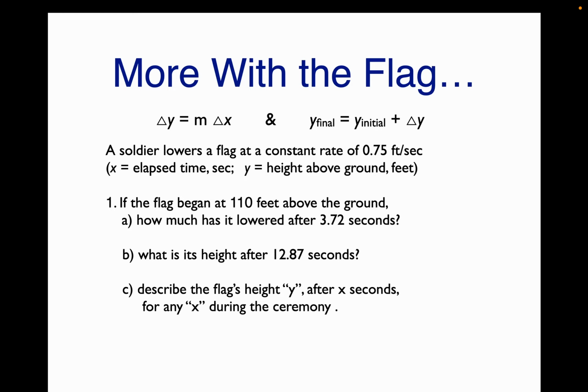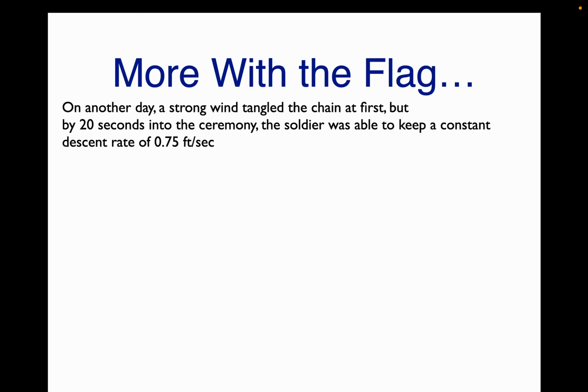So just one last example with this, with another kink thrown into the system. More flag stuff, just because easy enough to change up. So we're trying to do this ceremony, but it's windy and the chain was tangled, so it took a little bit to get going. But 20 seconds into trying, everything's going, and we have the flag going down at its nice ceremonial even pace, at its nice constant rate of change.